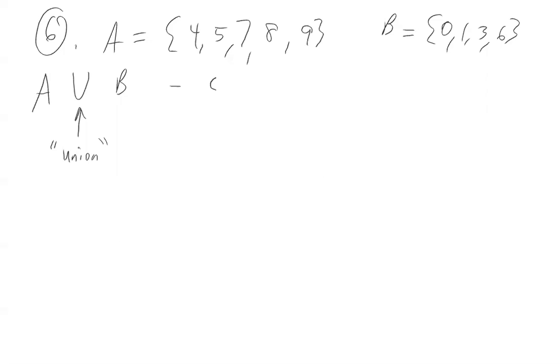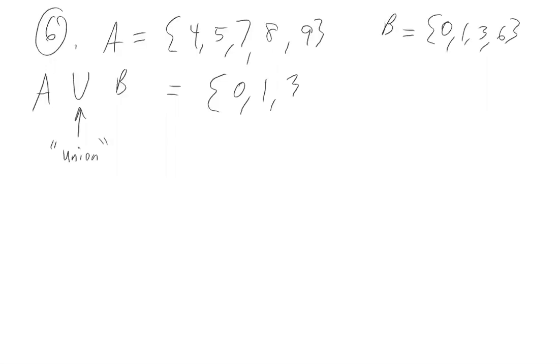So A union B would be, well, let's start from the lowest. So 0, 1, 3, 4, 5, 6, 7, 8, 9.